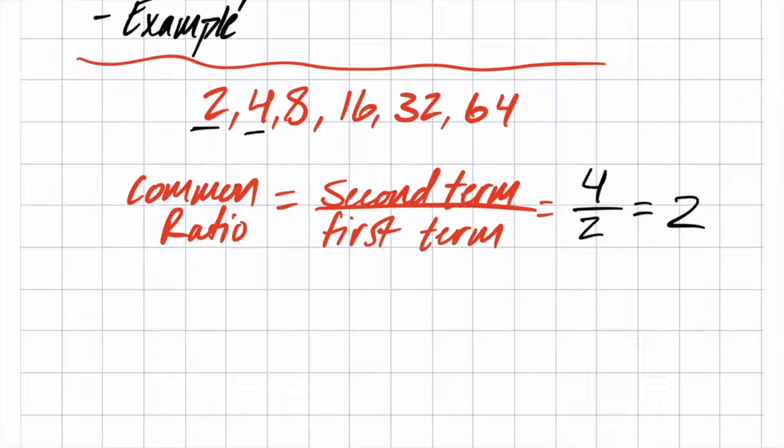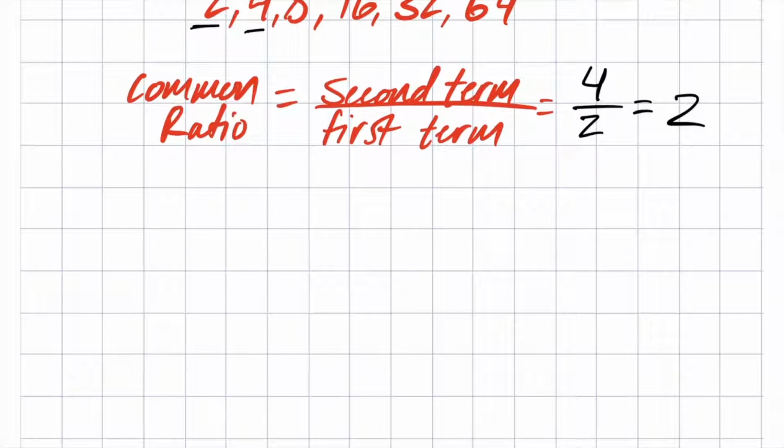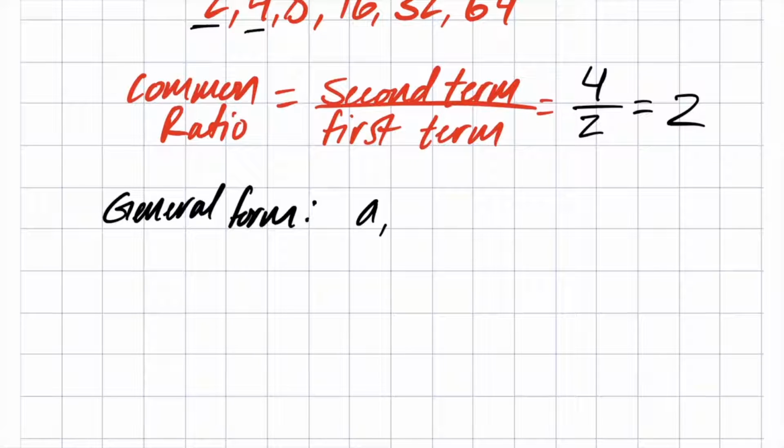Okay? So, if we look at this, the general form of a sequence looks like this. A, A times R, A times R squared, A times R cubed, and so forth.